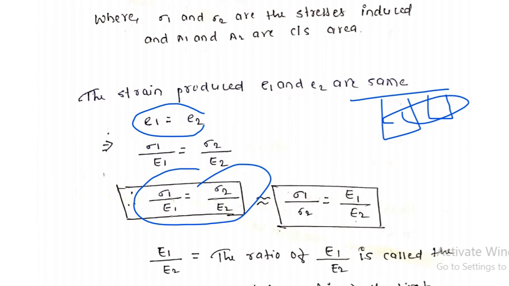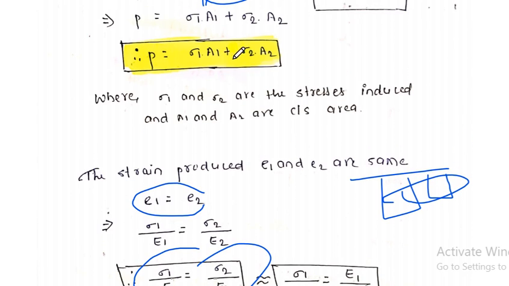Both of these, P is equal to P1 plus P2, the sum of the loads, and this one, should be kept clearly in mind to analyze any type of problem. If you have a clear concept of these two formulas, you can solve any numerical based on composite sections. It's very easy to analyze composite sections, and hope you understood very clearly.